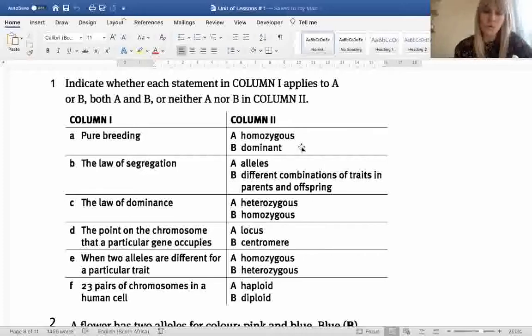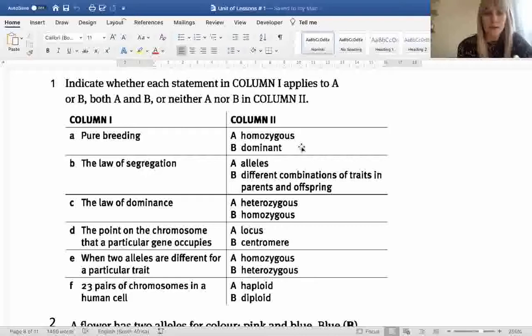B, the law of segregation. Is it to do with A, alleles, or B, different combinations of traits in parents and offspring? The answer is both A and B, because the law of segregation states that it is different combinations of traits in parents and offspring of alleles.